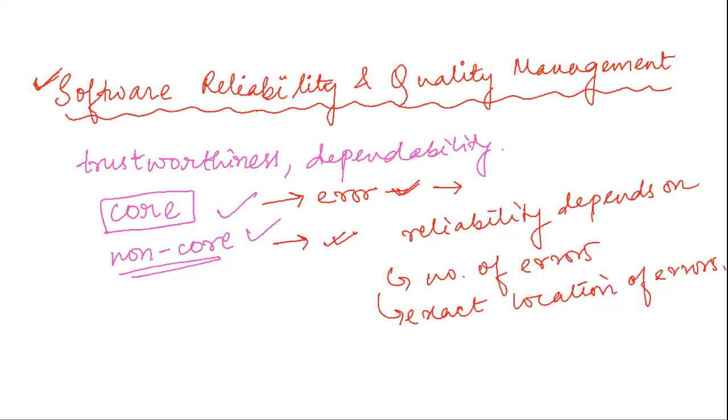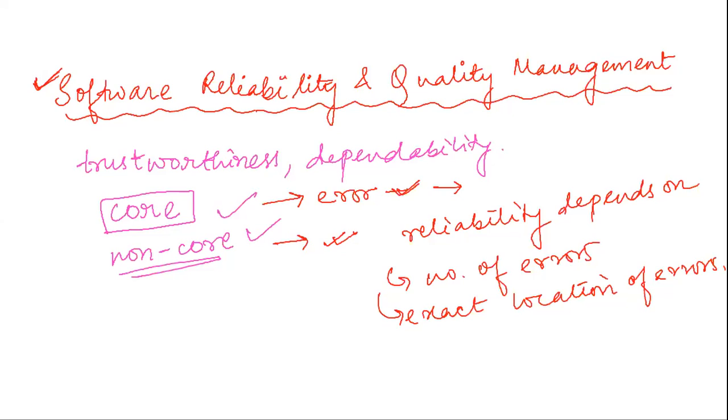So reliability depends on how the product is used, and also on its execution profile. Suppose the user executes only the correctly implemented features, then none of the errors will be exposed, and it will be perceived that the reliability of the product is high.